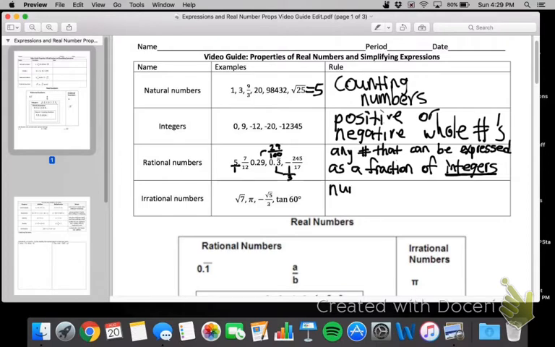So numbers that cannot be expressed as a fraction with integers.